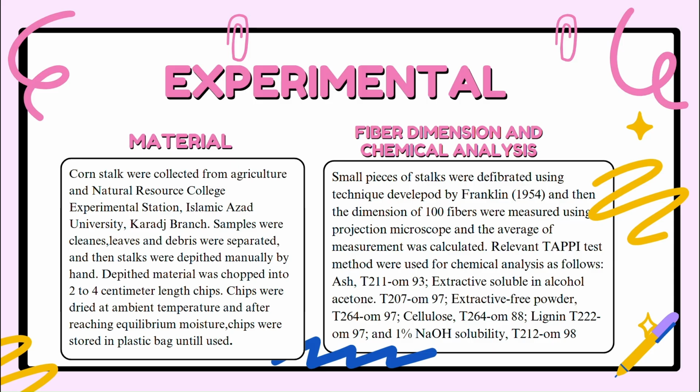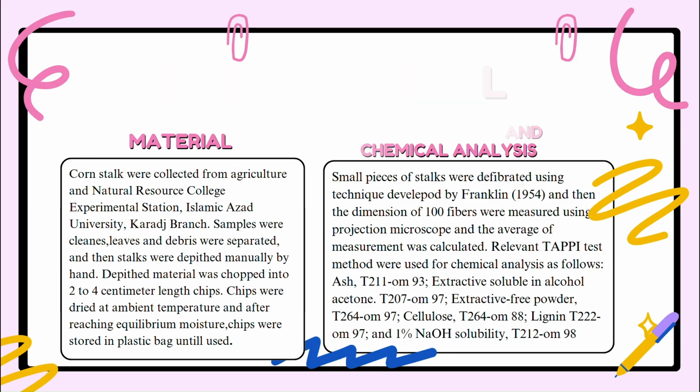Relevant TAPPI test methods were used for chemical analysis as follows: ash T211 om-93, extractives soluble in alcohol-acetone T207 om-97, extractive-free powder T264 om-97, cellulose T226 om-88, lignin T222 om-97, and 1% NaOH solubility T212 om-98.